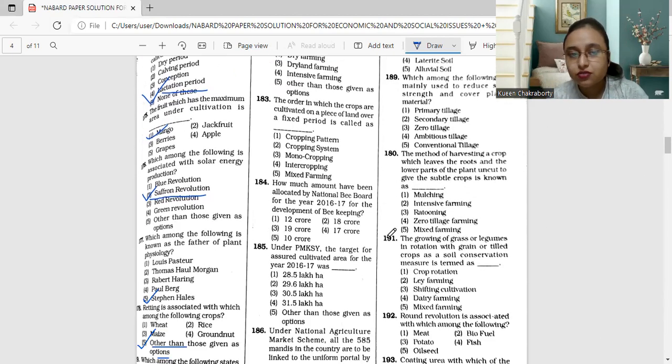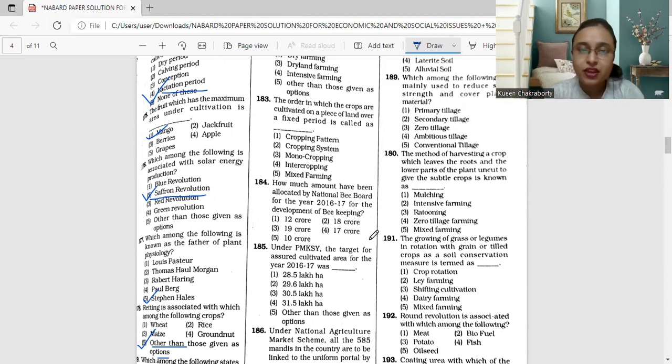Next, moving on to question number 183. The order in which the crops are cultivated on a piece of land over a fixed period is known as cropping pattern, cropping system, monocropping, intercropping, or mixed farming.